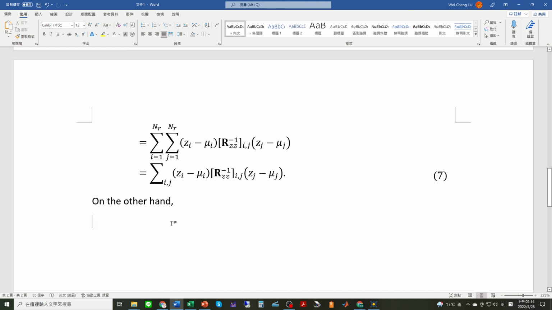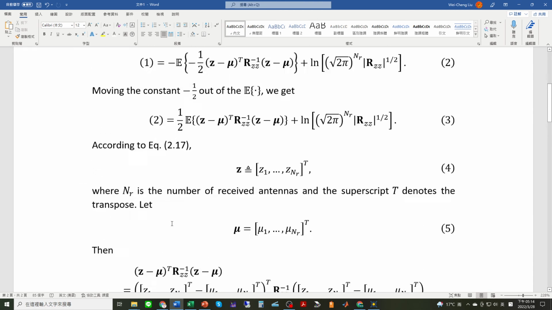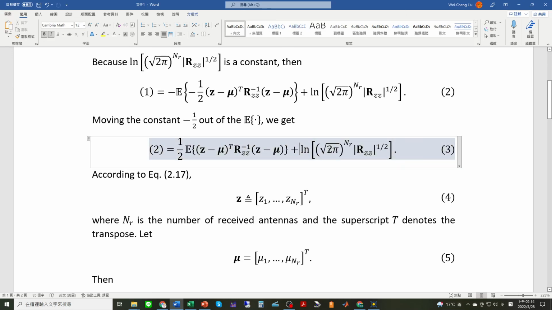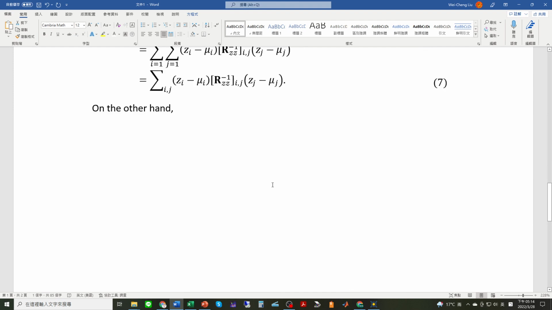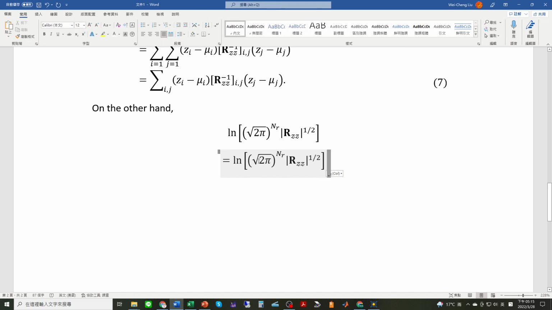Okay, on the other hand, let us consider another term. This term, the natural log term. So this is equal to natural log, the same.